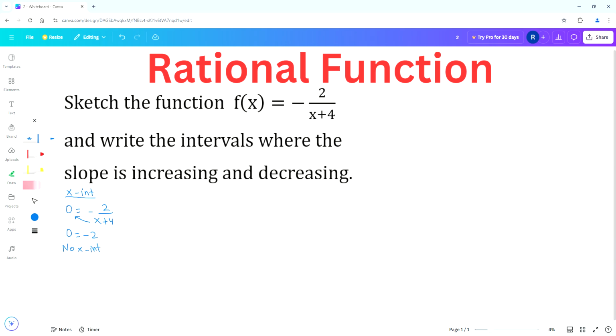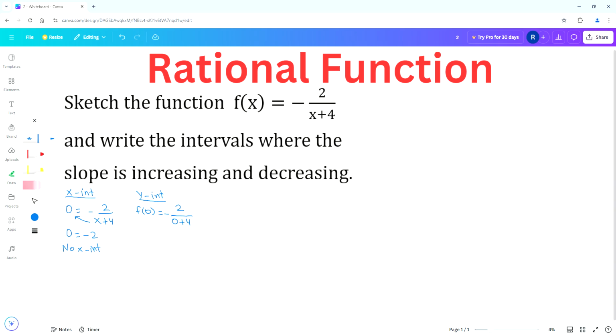Next, we can find the y-intercept. For the y-intercept, we should sub in x as 0 in the given function. Zero plus 4 is equal to 4.